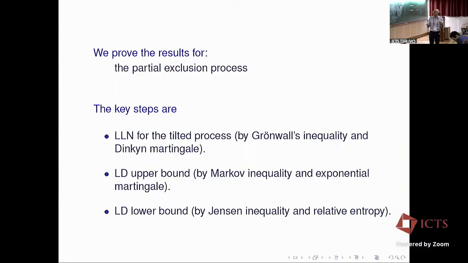Here we have to additionally work a bit because we are on the lattice, so we want to obtain first convergence, essentially controlling with the Gronwall inequality. And then we produce an upper bound and a matching lower bound, as usual, working with an exponential martingale for the upper bound and working with a different representation of the rate function, which is related to relative entropy, for the lower bound.